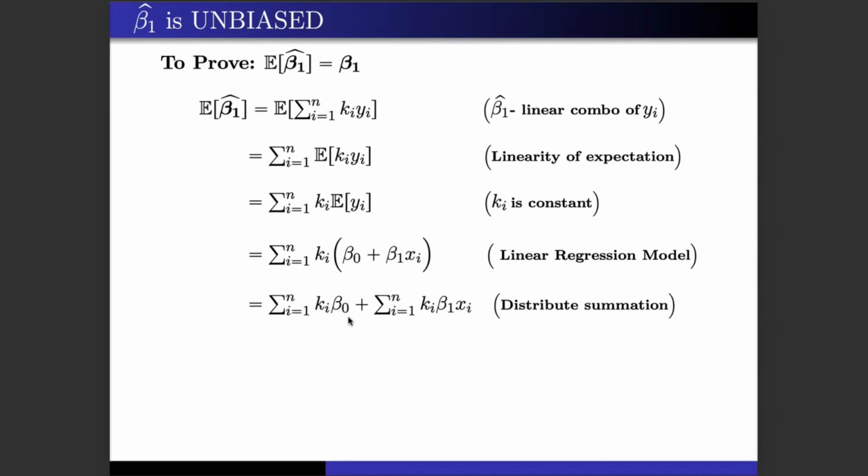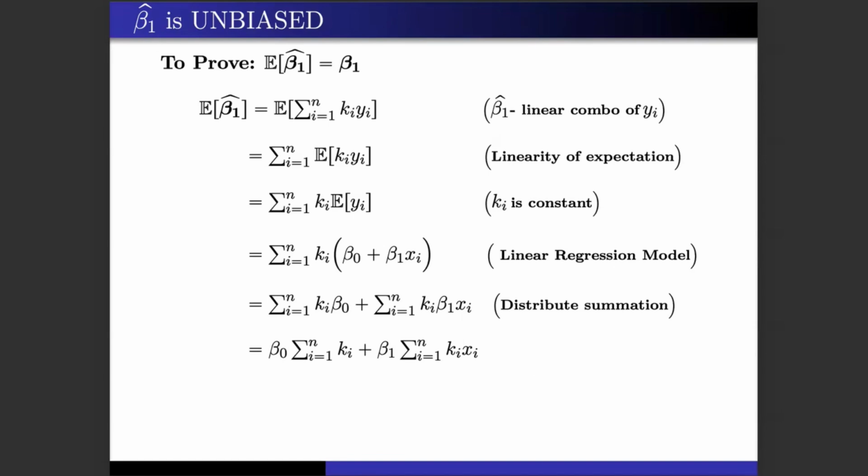And since it is a fixed quantity, we can pull this beta naught out of the summation sign and we will get beta naught summation ki. And for the second term, we again use the fact that beta 1 is a fixed quantity and therefore we can pull it out of the summation sign. And the second term can be simplified as beta 1 summation ki xi.